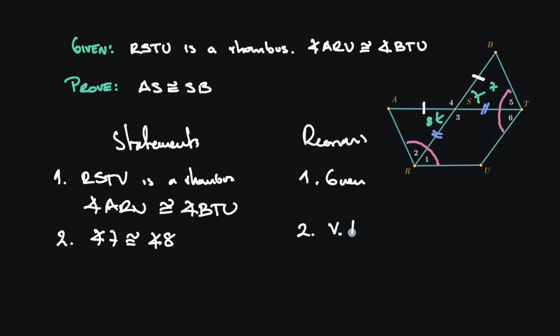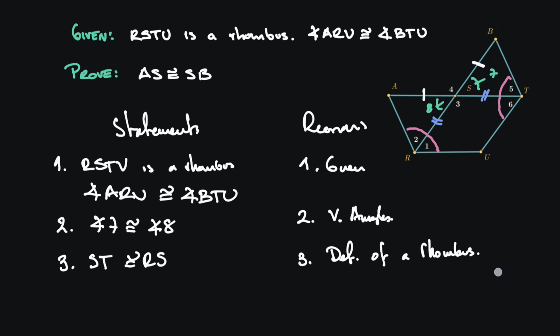This is by vertical angles, right? And we also know that in a parallelogram, in a rhombus, all sides are congruent. So we know that ST is congruent with RS. This is by the definition of a rhombus.